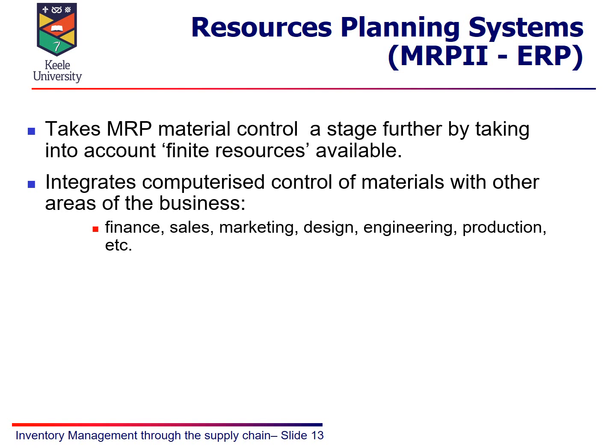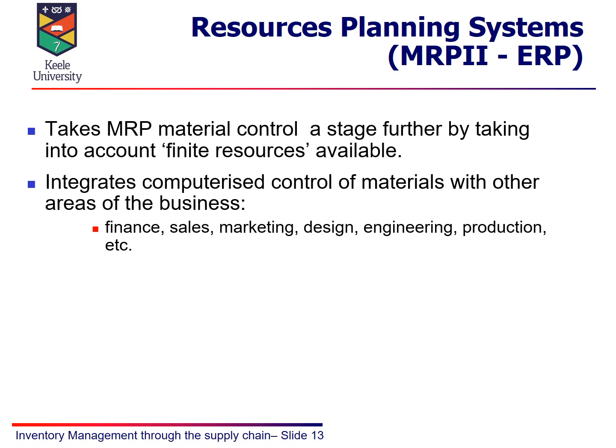So the idea behind MRP2 is that it takes that basic MRP control that we've just looked at, how much to buy and when. It takes it a stage further by looking at the finite resources available. We want to make 200 tables in week 12, but do we have the capacity to do it? We may have to adjust our plan accordingly.